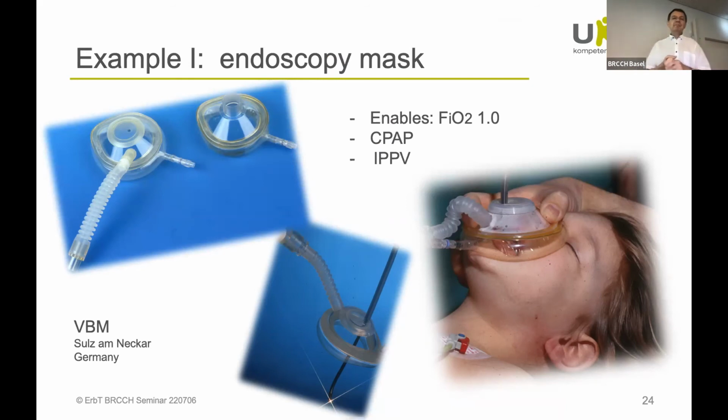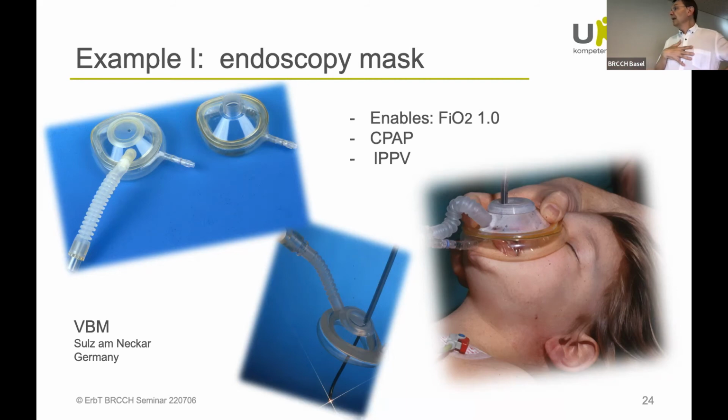Franz Frey, the former chief of Paediatric Anesthesia here in Basel, modified a regular face mask by taking off the connector of the face mask and replacing it with a silicone membrane that was distendable and had the possibility to bring the fiber optic bronchoscope through the membrane.